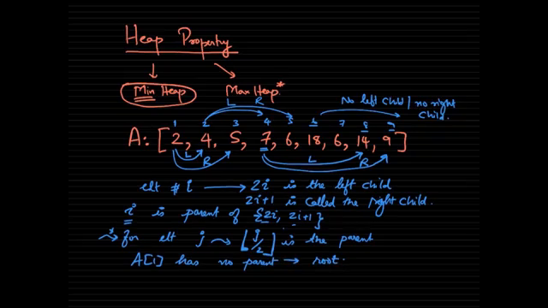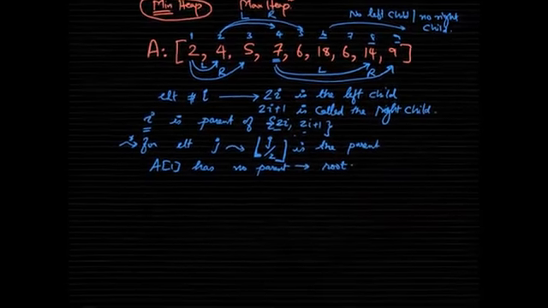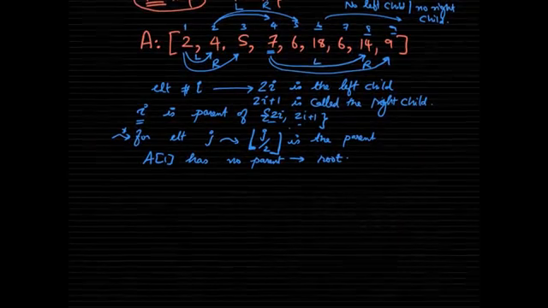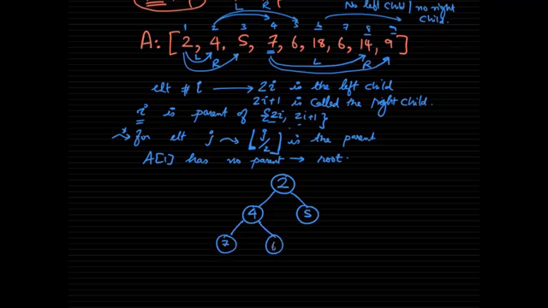All right. So with this in mind, a heap is just going to be visualized better as a tree. For example, if I took this heap and I put 2 at the root, its left child is a 4, its right child is a 5, 4's left child is a 7, 4's right child is a 6, 5's left child is an 18.